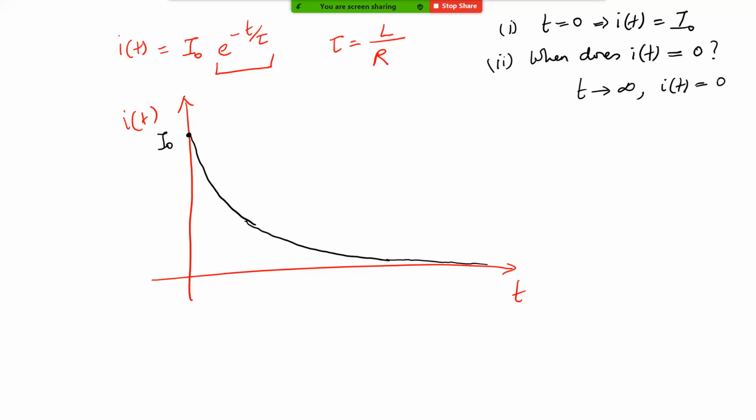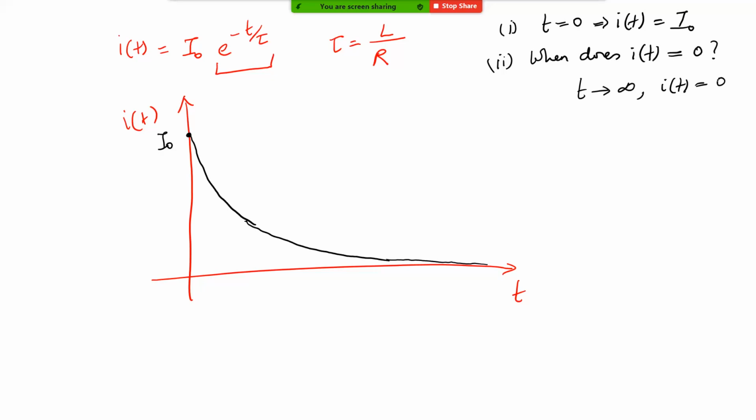Now suppose you're waiting for this. As of now we only saw how it decays, right? Let's say you have to measure the time when the current comes down to an acceptable value which is close to 0. Suppose you are waiting for the current to drop down to 0 before you do something else.